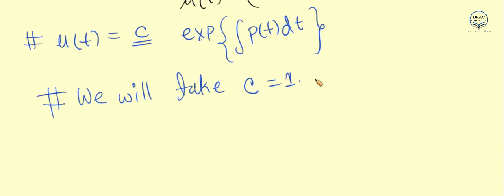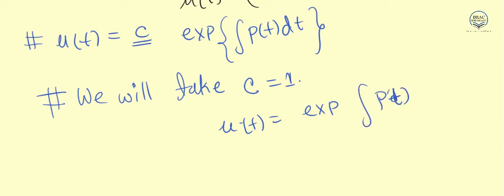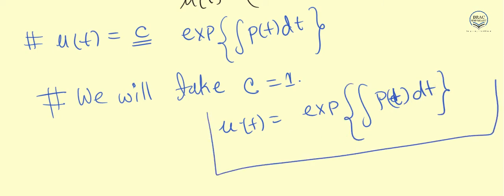So let's try to see an example now. If you take c equals to 1, then this mu of t will be just exp integration of p of t dt, this guy. And now let's take an example.